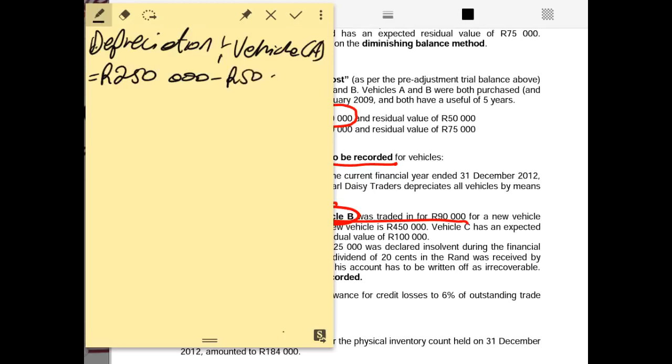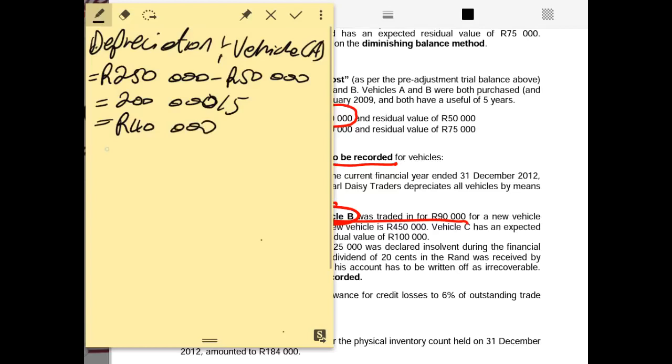Then that will give us 200,000 rands. And we divide that by the useful life of 5 years. 200,000 rands divided by 5 years will give us depreciation for the full current year as 40,000 rands for motor vehicle A.